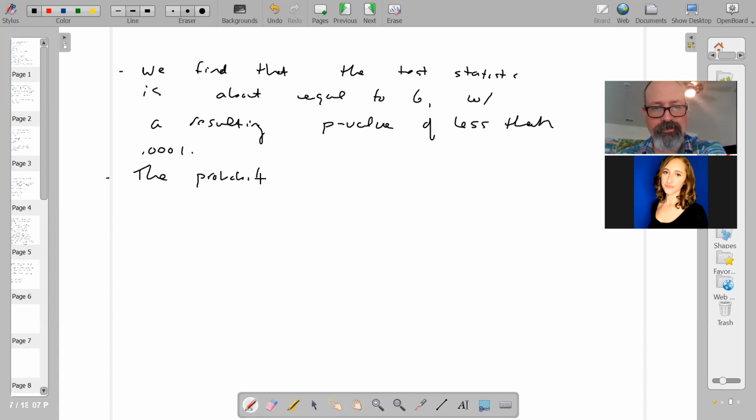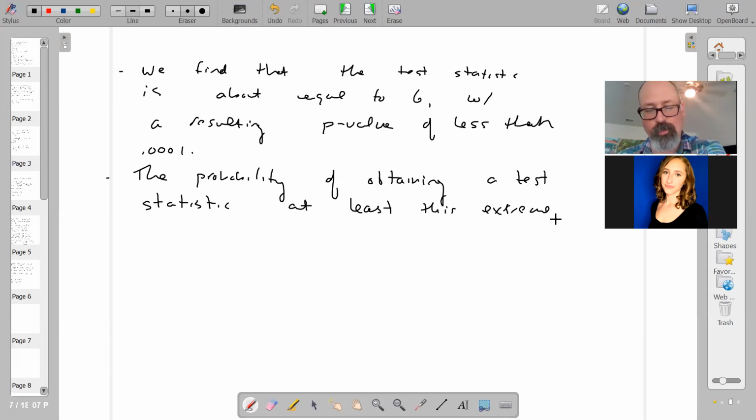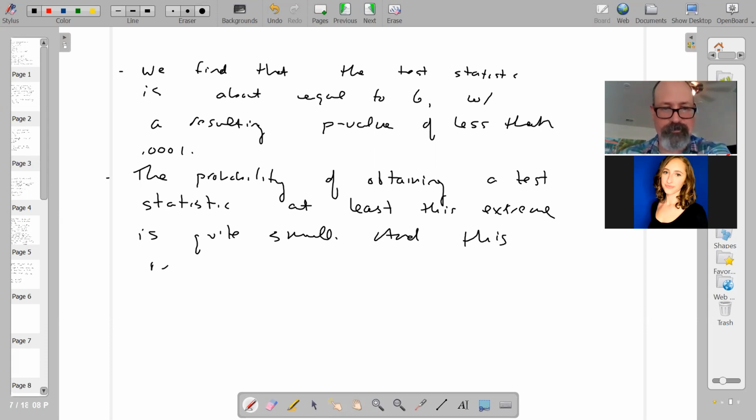So what is that p-value really saying? The probability of obtaining a realization of the test statistic at least this extreme is quite small, under the null hypothesis, if the null is true.